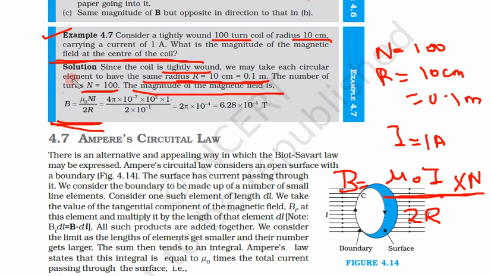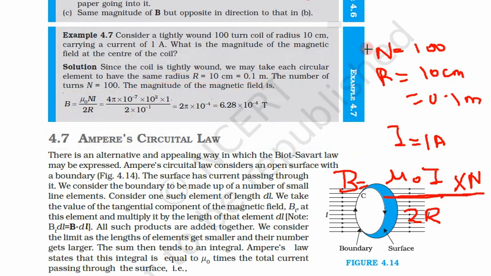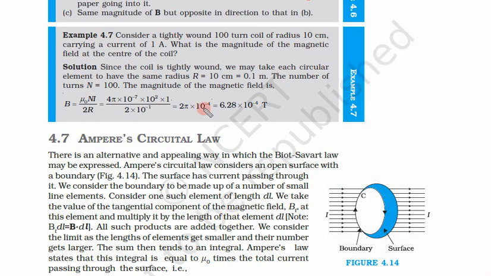So B is equal to mu naught I n upon 2R. Let us put all the values into this equation. Mu naught is 4 pi into 10 to power minus 7, into 10 to power 2, which is n, that means 100.